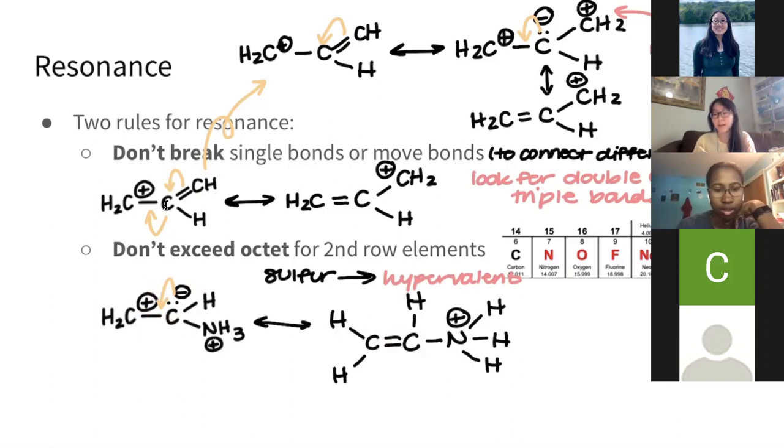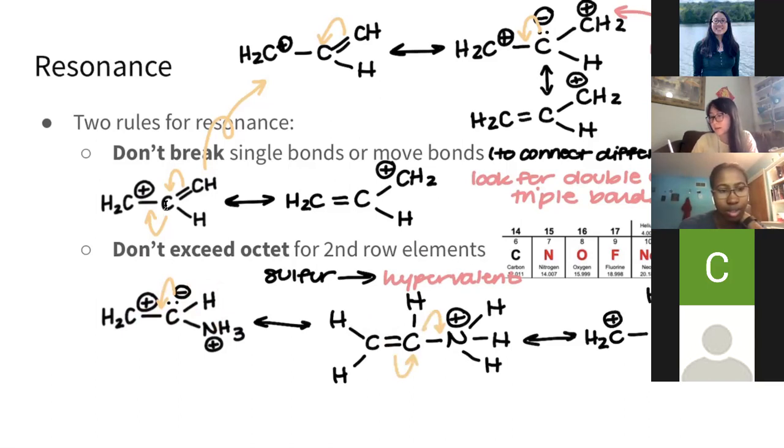What if instead we had moved that lone pair over to get rid of that plus charge on the nitrogen? Let's try that. So arrow there, arrow back over there. So double bond on that nitrogen now.